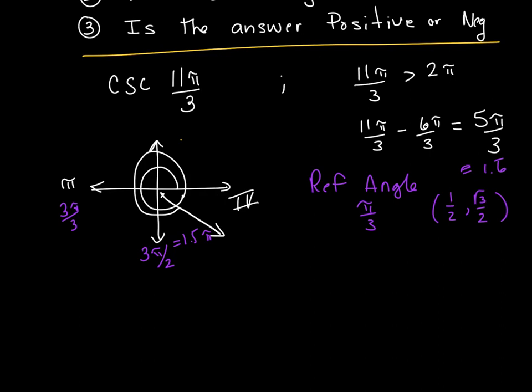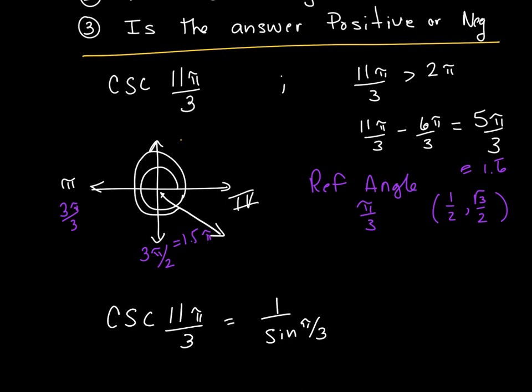So the cosecant of 11 pi over 3 has the same value as 1 over the sine of pi over 3.